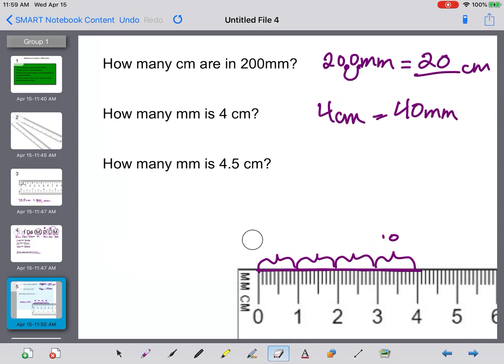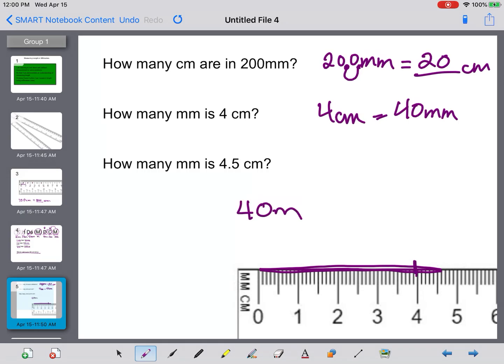Okay, and last one, how many millimeters are in 4.5 centimeters? Okay, so again, we're talking about a very similar length, 4.5. We already know that 4 centimeters has 40 millimeters in it. But we've also got an extra 5 millimeters right here.